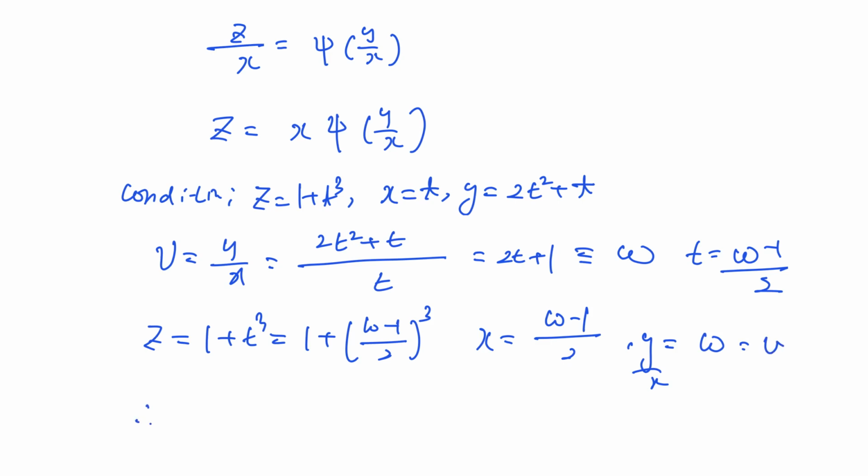So the actual solution is 1 plus one half w minus 1 cubed equals one half w minus 1 times psi of w.